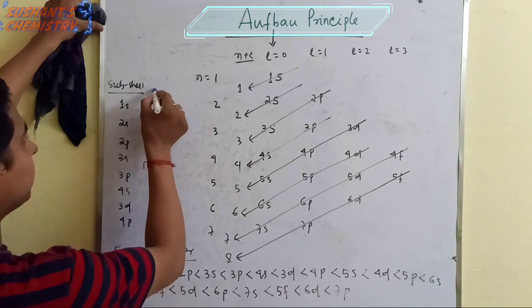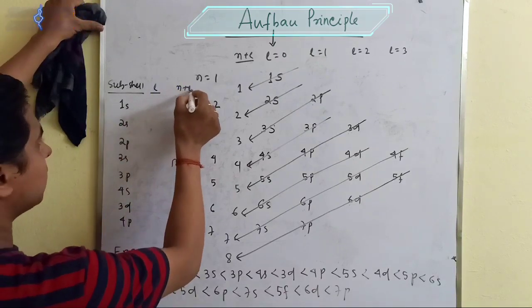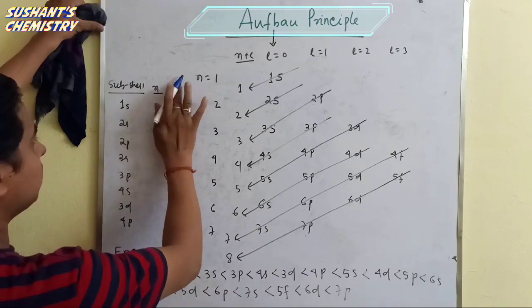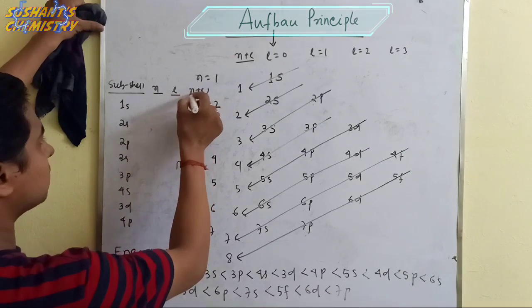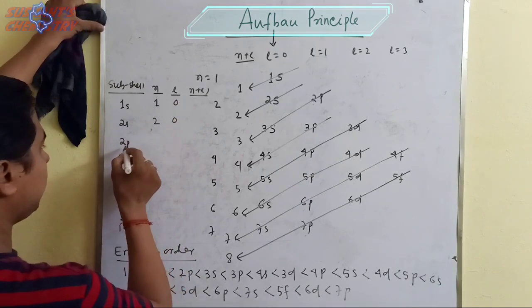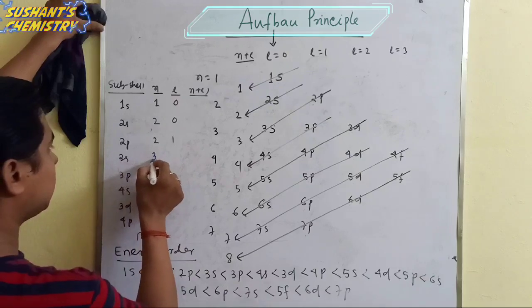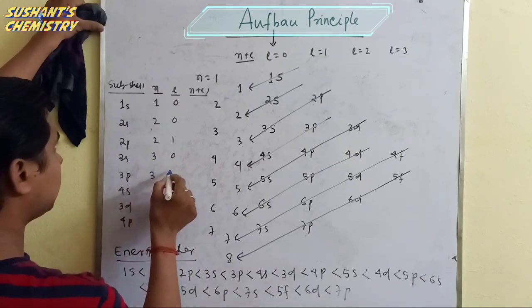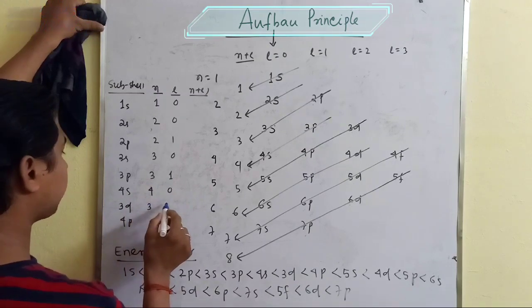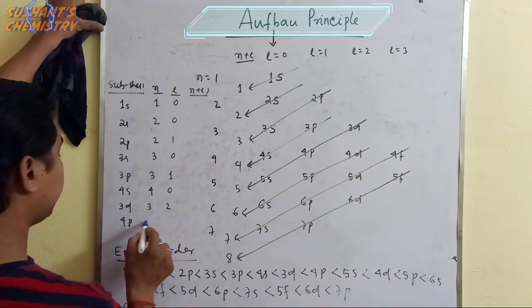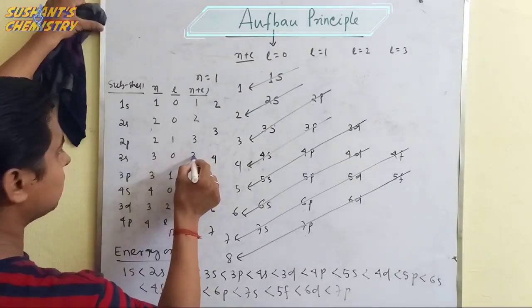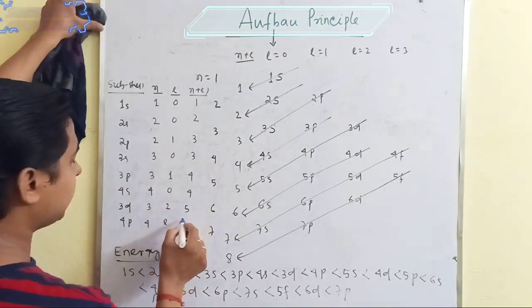The values of n and l are: n 1, l 0; n 2, l 0; n 2, l 1; n 3, l 0; n 3, l 1; n 4, l 0; n 3, l 2; n 4, l 1. Here n plus l is equal to 1, 2, 3, 3, 4, 4, 5, 5.